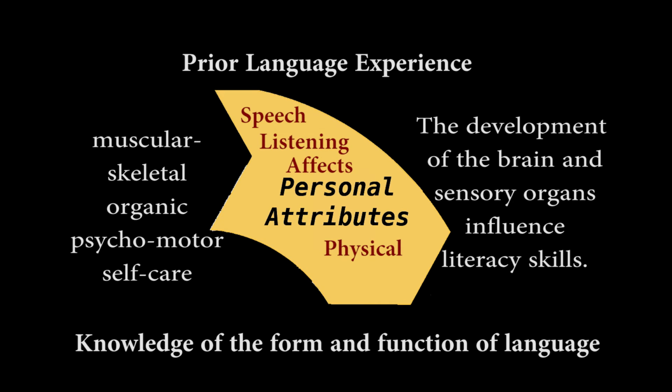Underdeveloped neurotransmitters and abnormal chemical reactions to stimuli will interfere with the mental translation of symbols to meaning and the ability to connect previous learning with new knowledge. The inability to distinguish between sounds will interfere with the ability to use sound-symbol relationships to identify unfamiliar words. And the inability to recall a pattern of letters seen in print interferes with the development of a sight vocabulary.